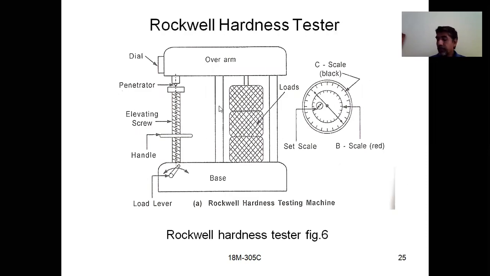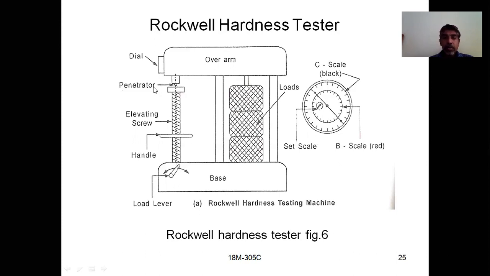If you see here, this is the Rockwell hardness tester. So how is it? You are having a base. On that base, this is the loads. For application of loads, you are having loads here. You may have hydraulic also, and you are having an overarm here.